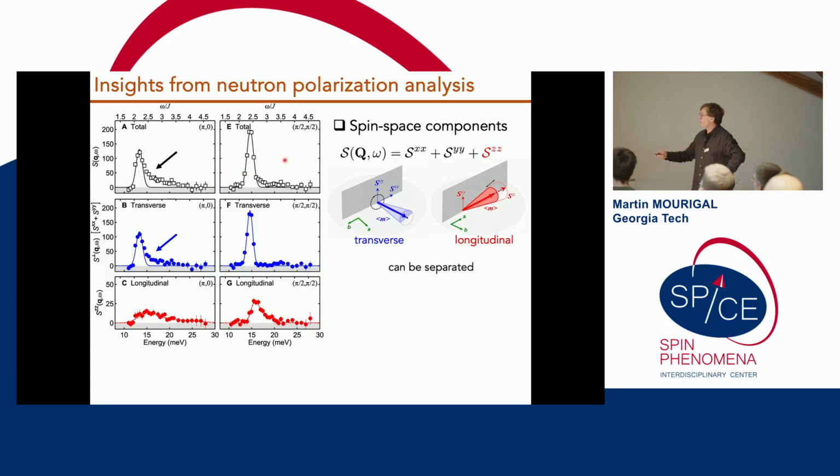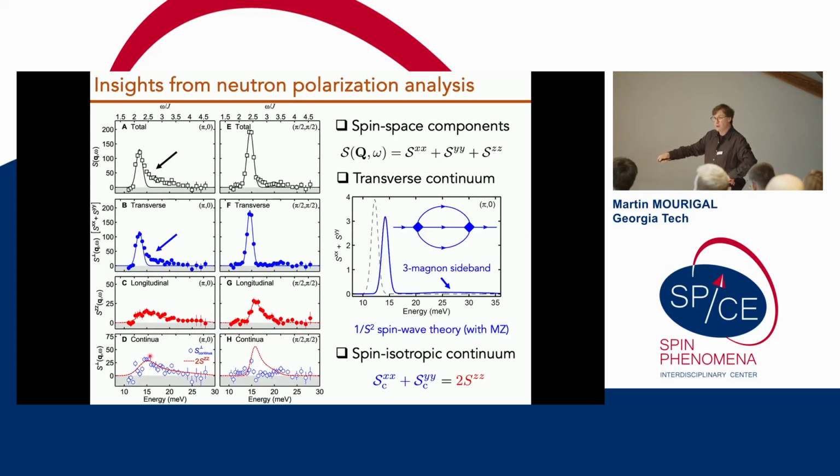So this is the result. When we put everything together, at pi/2 the single magnon mode seems well behaved. Pi0 has some kind of line shape, which is the intriguing part seen in the time of flight, and the intensity is much weaker. We can decompose this into the transverse part and the longitudinal part, and you see that this continuum lives in both, which is the intriguing part of the physics.